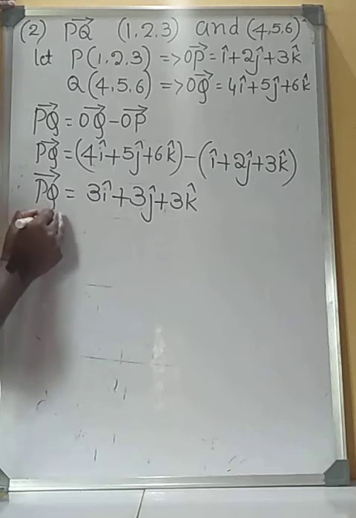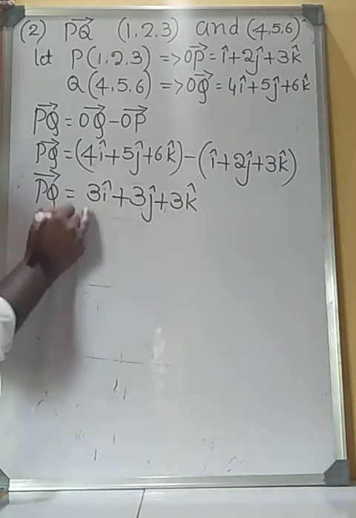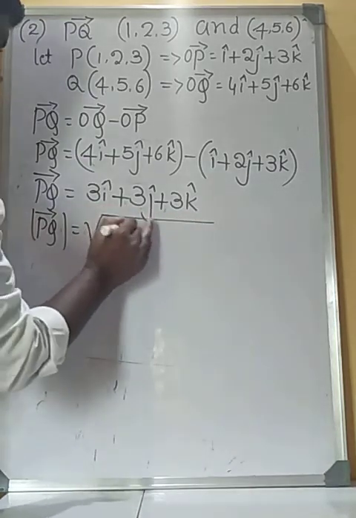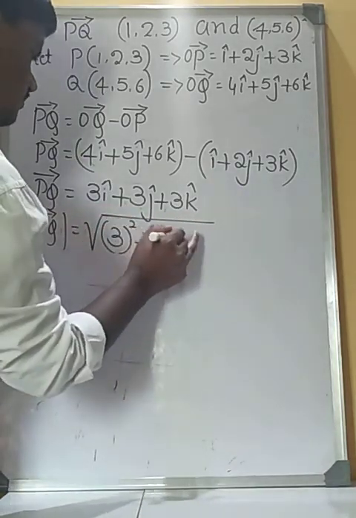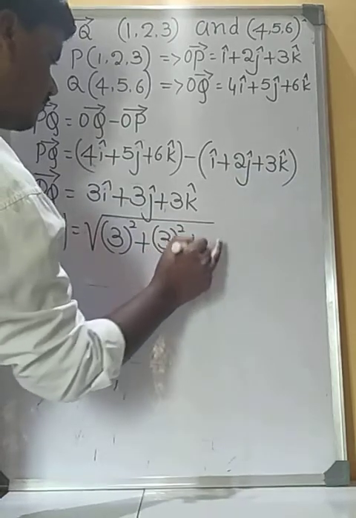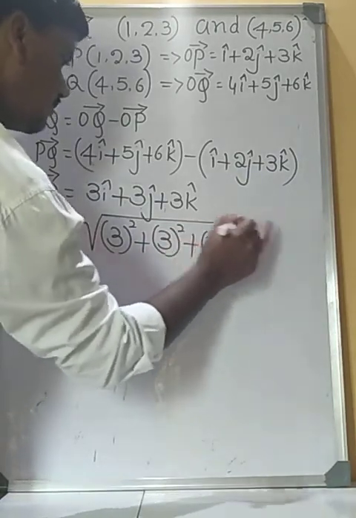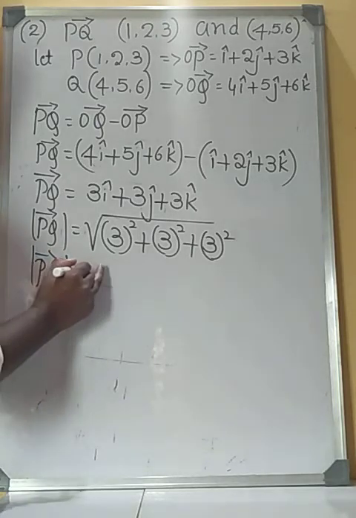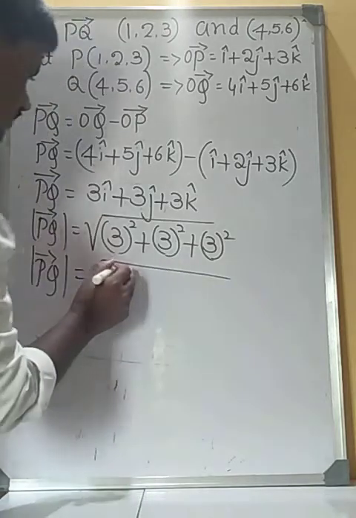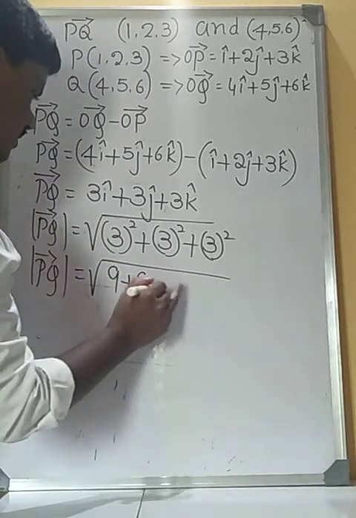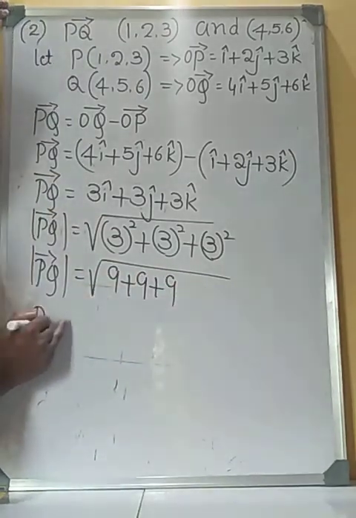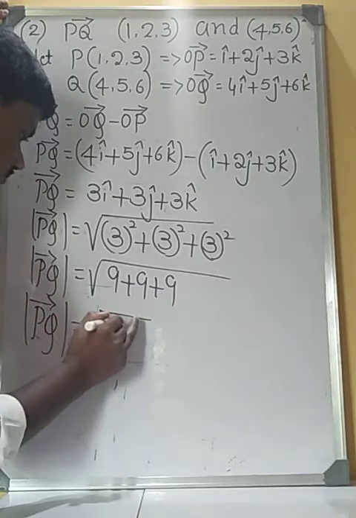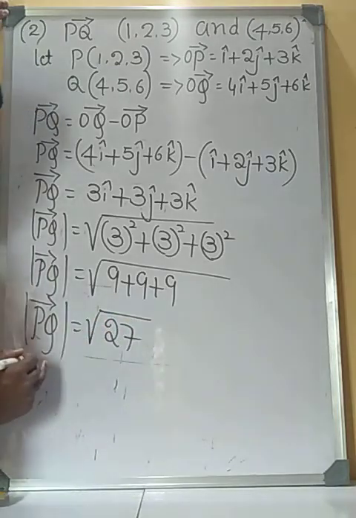So the magnitude of PQ vector is equal to root of 3 square plus 3 square plus 3 square, which is root of 9 plus 9 plus 9, which is root of 27.